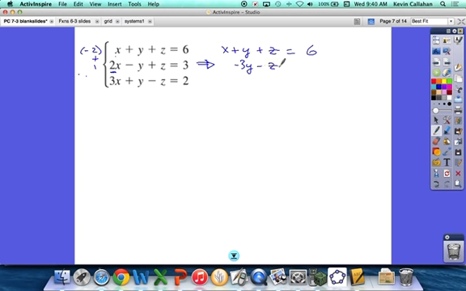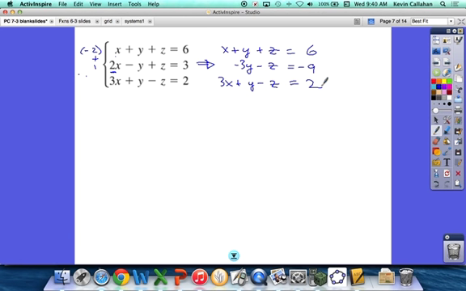And -2 times 6 plus 3, -9. Okay, I'm going to just take it one step at a time. So then we have 3x plus y plus z minus z equals 2.